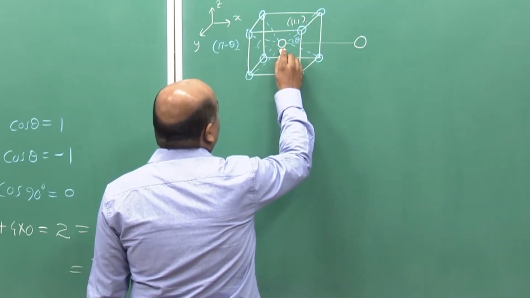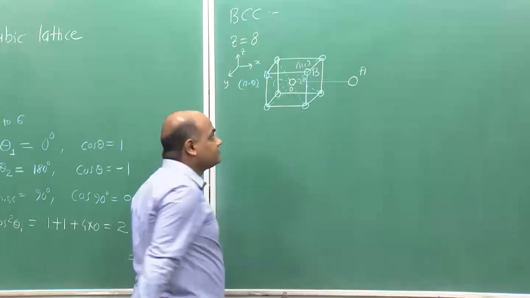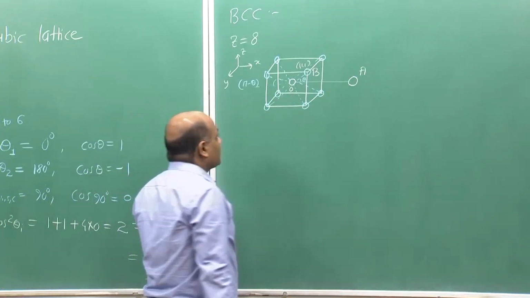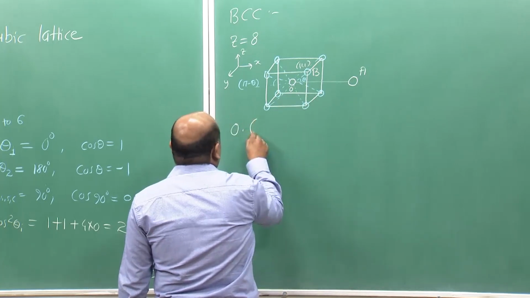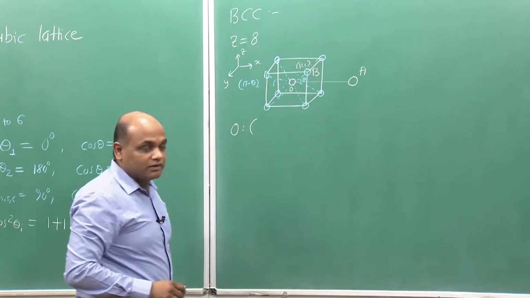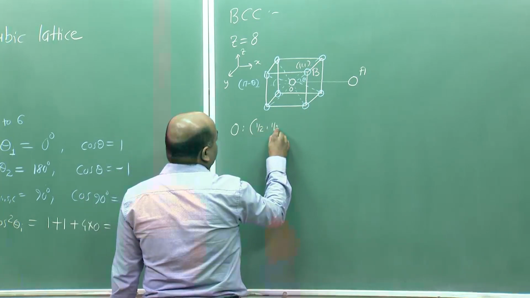So, the center atom, let us call this site O, this is A and this is B. The coordinates for atom O are half, half and half.